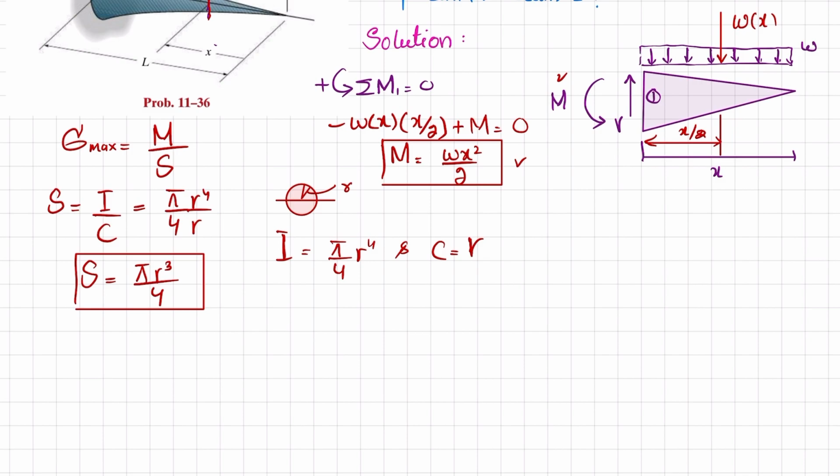Okay, now you can just put it in this formula. Maximum stress is equal to the moment, which is Wx square over 2, divided by the section modulus, which is pi R cube over 4. When you solve this, you will get 2Wx square over pi R cube.